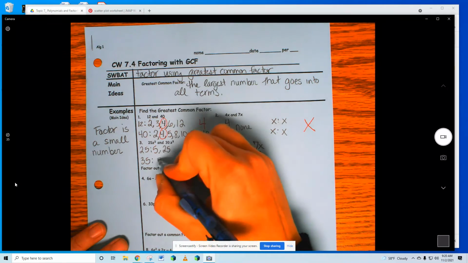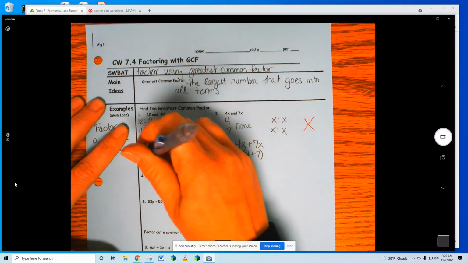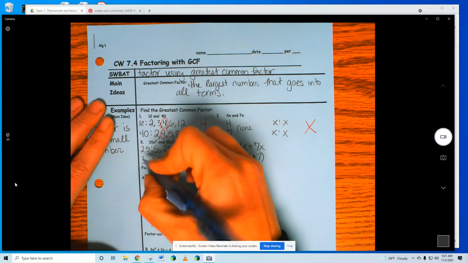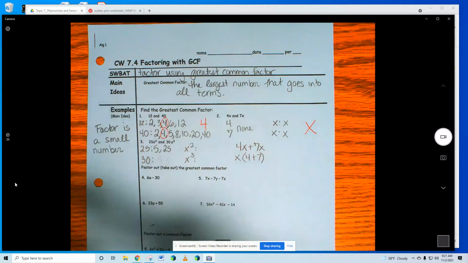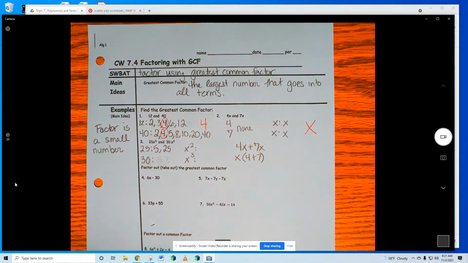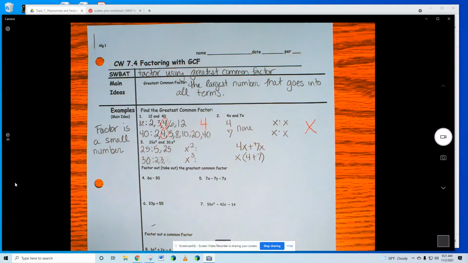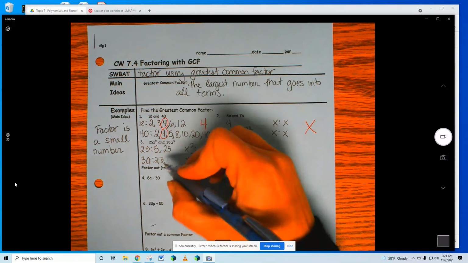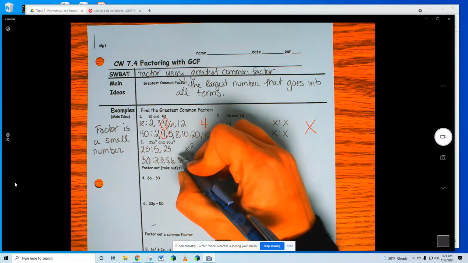Okay. What about 30? What goes into 30? I have numbers smaller than 5 that go into 30. 2, 3, 5, 6, 10.